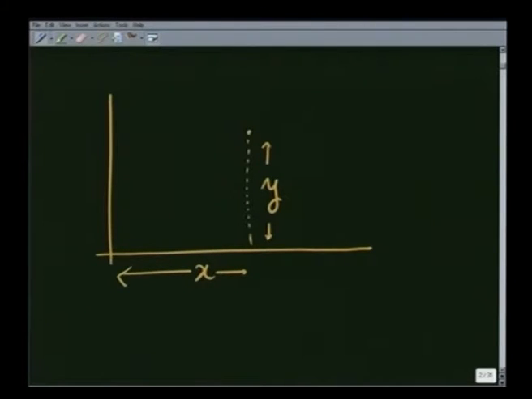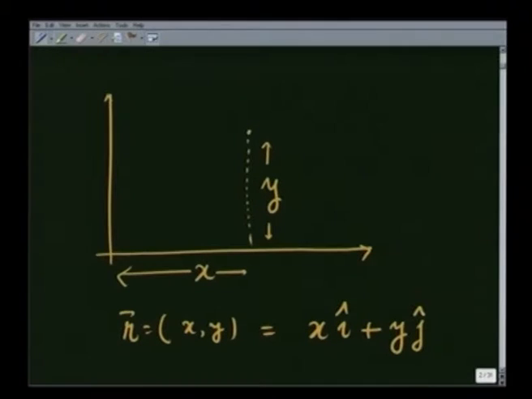So, that I would write that r in this plane is given by x, y, or the vector x unit vector i in x direction plus y unit vector j in y direction.